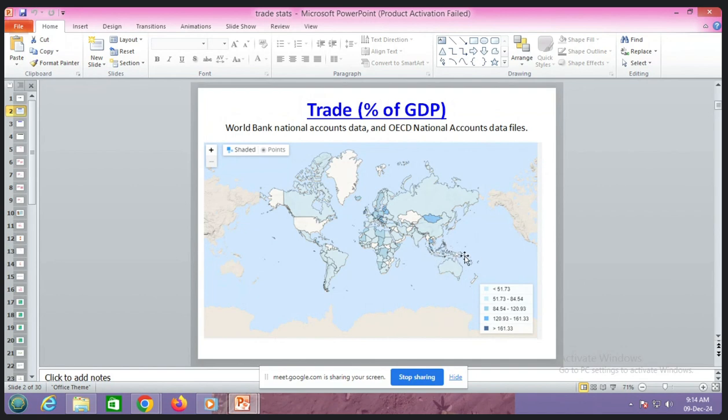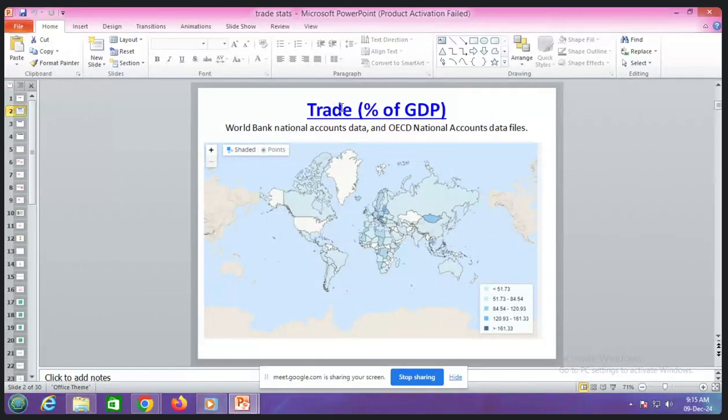see that these East Asian economies, which have very little natural resources, are heavily dependent on trade. You can see here that the dark blue color is more than their GDP. So their imports and exports are very heavy as compared to the GDP.